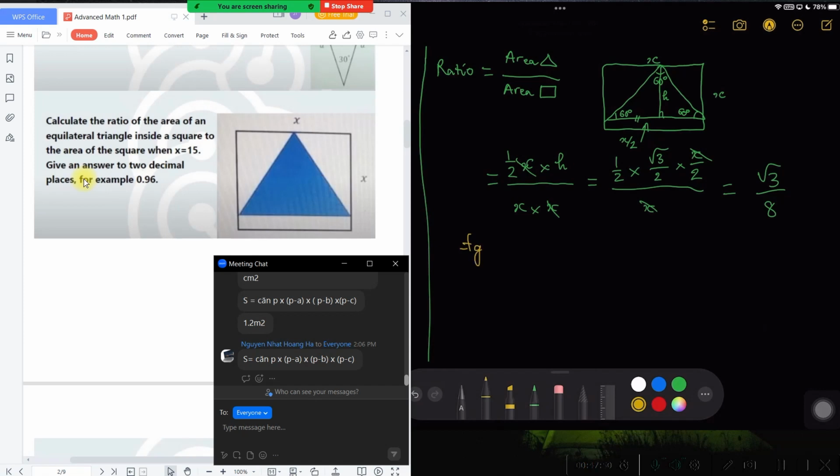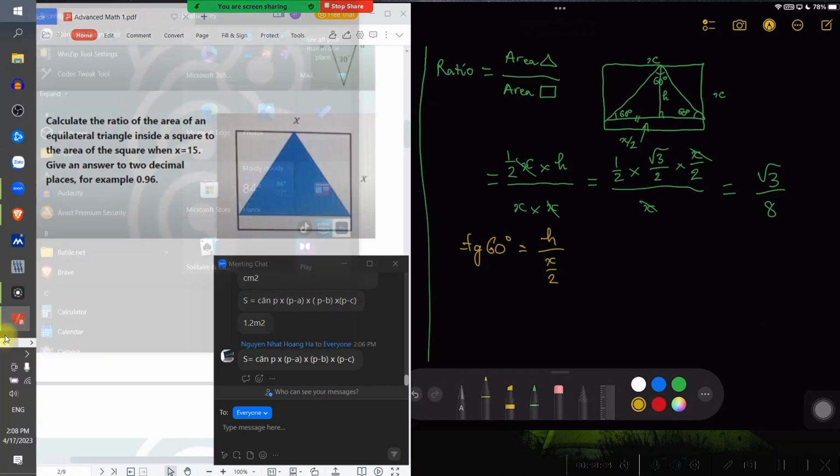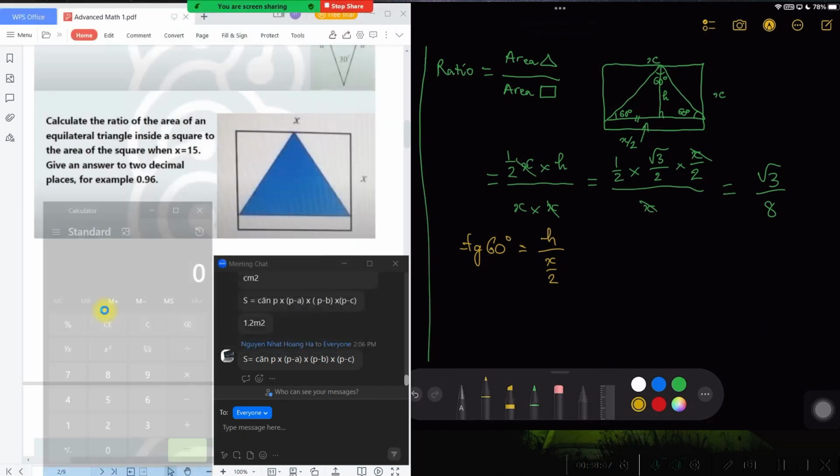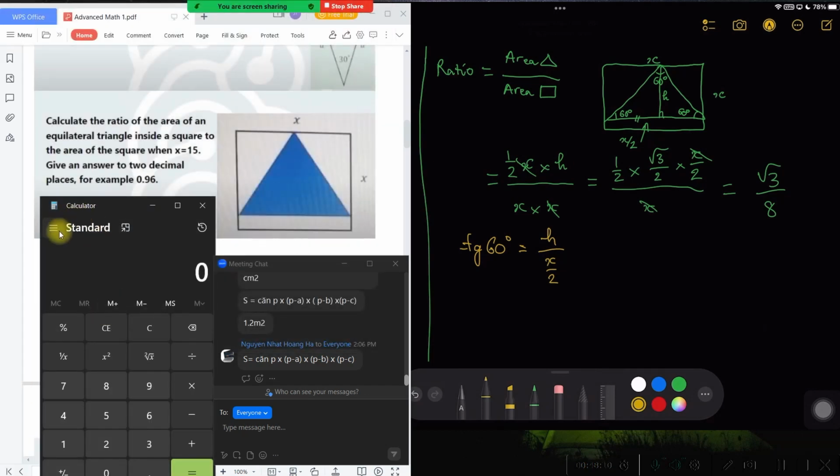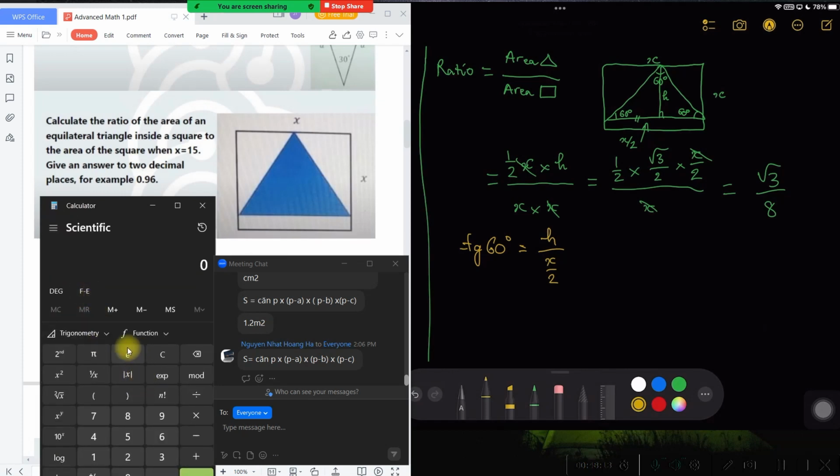So tan of the 60 degree is going to be opposite is h divided by adjacent is x divided by 2. Tan 60. Calculator, tan 60. Tan 60, moment please. Cái này là căn 173, so about 1.73 something.